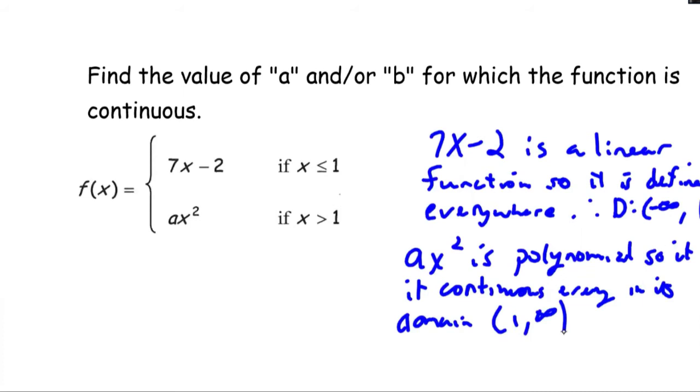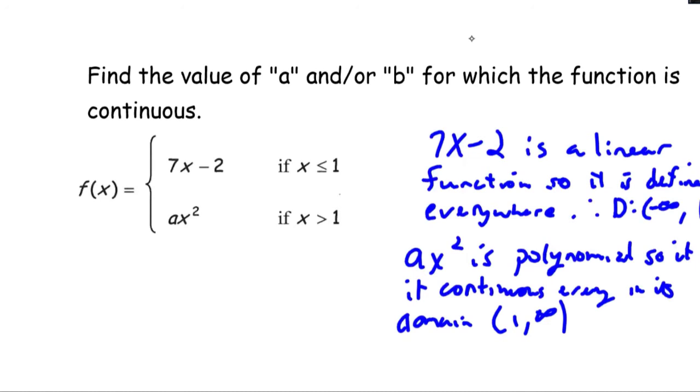So just by looking at those rules about which type of function it is, I've been able to figure out that the only possible problem I could have is at 1. Everywhere else this is going to be continuous. So the only point where it might not be continuous is at 1.